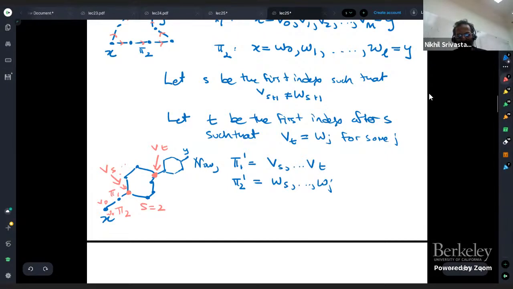Right? Because the way this is defined, this means Vs is equal to Ws. But now when I glue these things together, I'm actually going to get a simple path. And pi1 prime, pi2 prime do not have common vertices except at the endpoints.